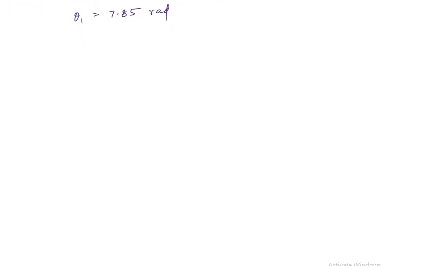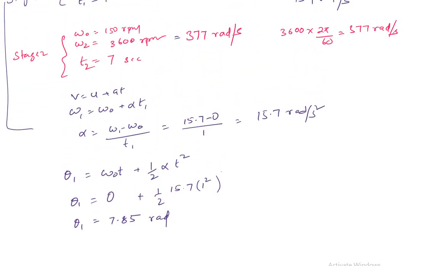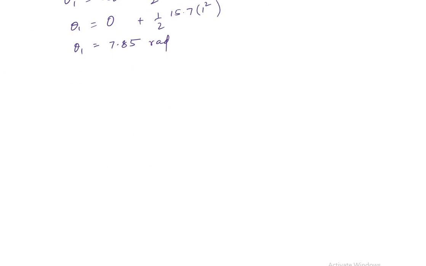Now we're done with stage 1. For stage 2, we follow the same thing. Alpha 2 is final velocity minus initial velocity divided by time.